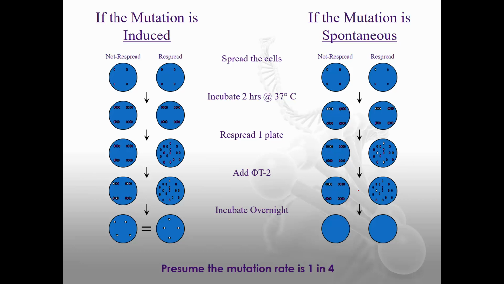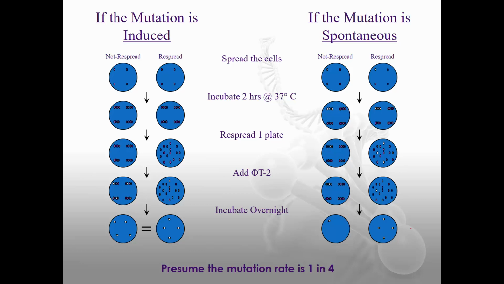And so what are we going to see after incubating it overnight? Well, this one cell that's growing into a colony is going to continue growing into a colony. And so we'll get a colony there. This cell that grew into a colony that we broke up into 4 individual cells again will continue to grow and form 1, 2, 3, 4 colonies.